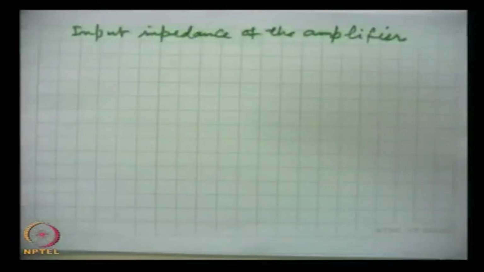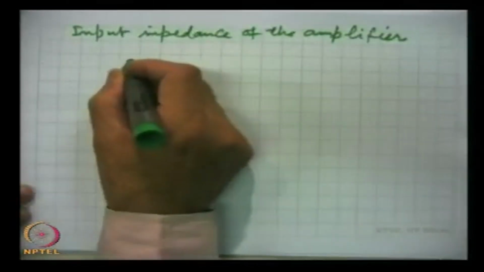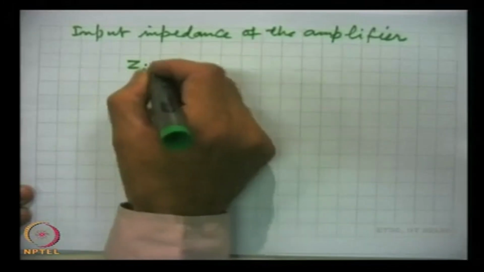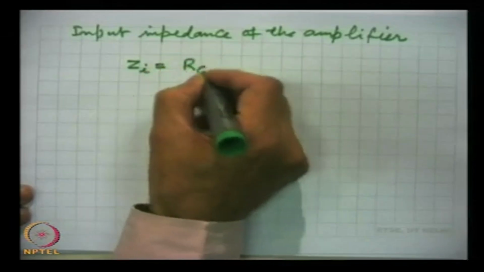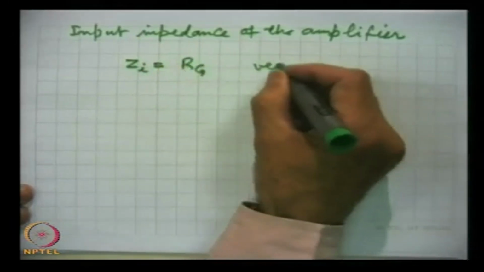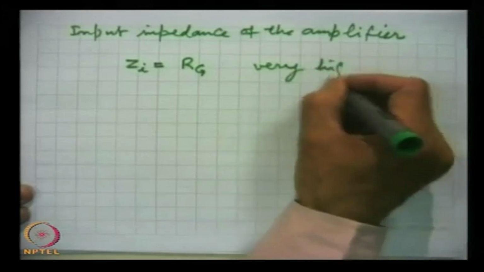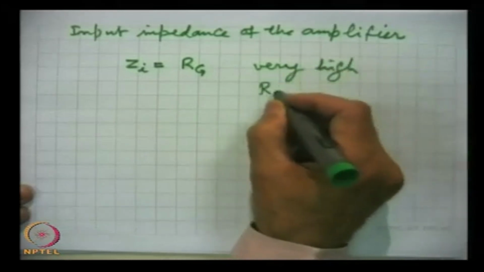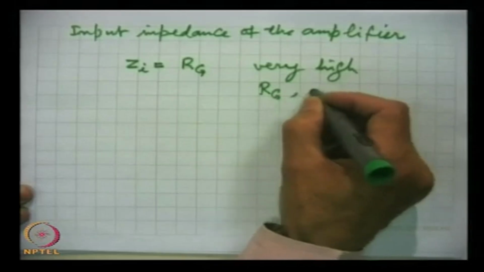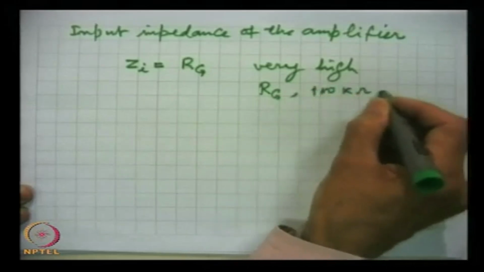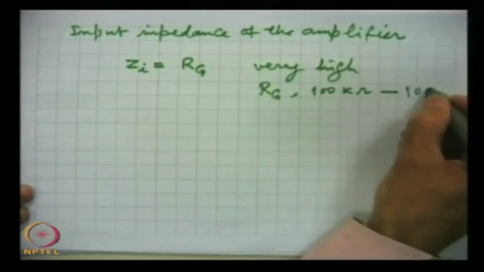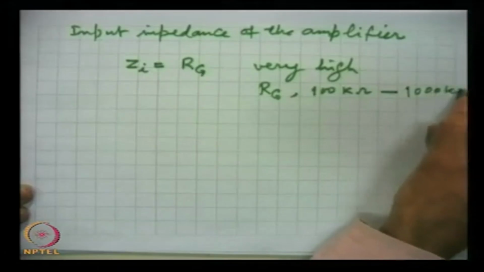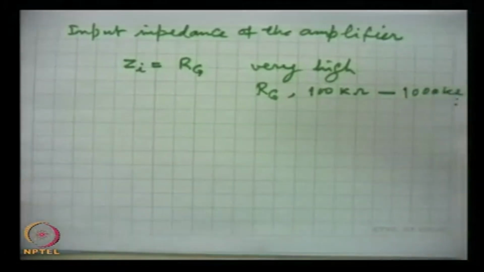So, input impedance Zi is equal to Rg, which is very high. Normally Rg will have a range of 100 kilo-ohms to 1000 kilo-ohms or more. So, input impedance is very high.